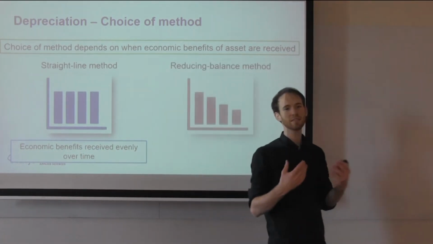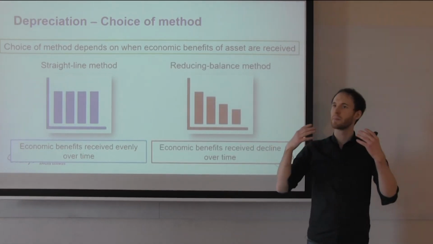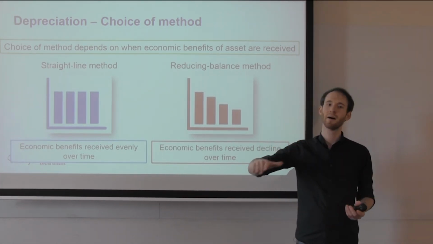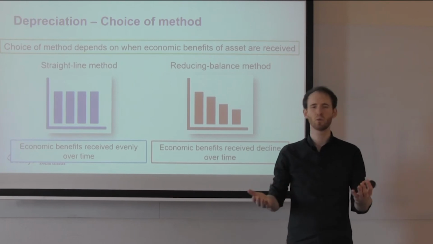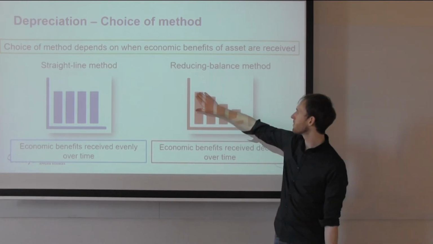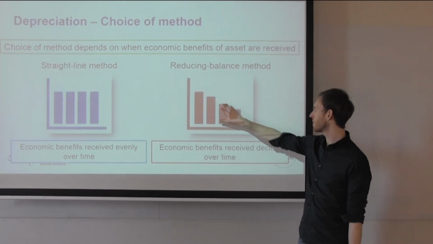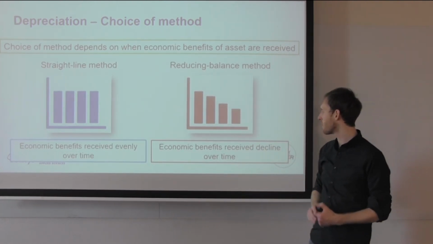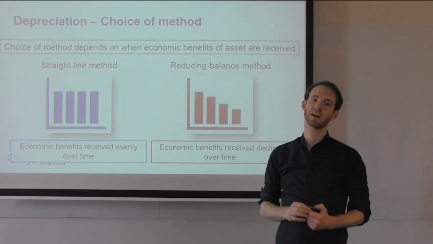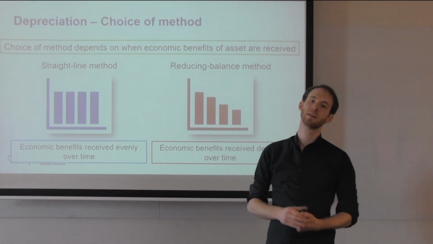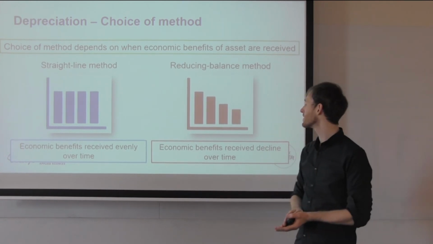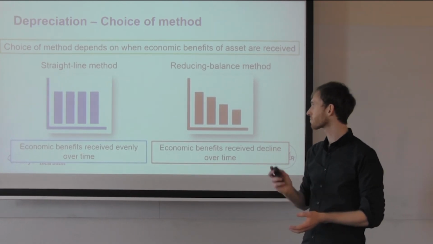But if an asset is quite good at the beginning, helps us a lot at the beginning, but then over time becomes less and less important because it gets old or something like that, so the benefits decline over time, then we use the reducing balance method, because we have to match the benefits with the outflows in this case.